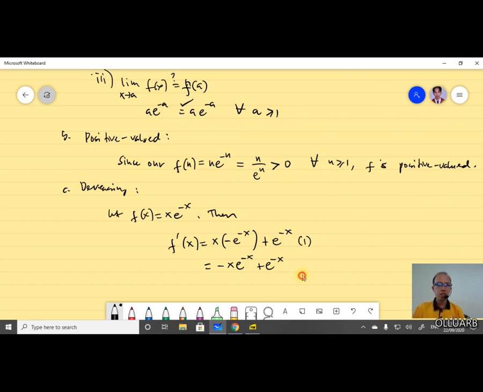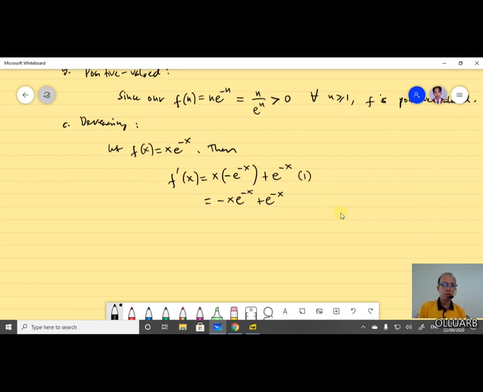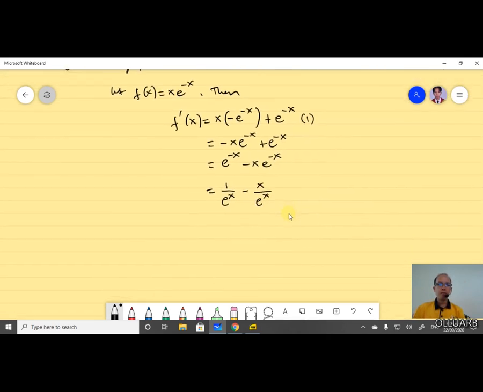Let's further simplify the right hand side so it is clear whether this is positive. We can write this as e to the negative x minus x e to the negative x, then factor out e to the negative x.